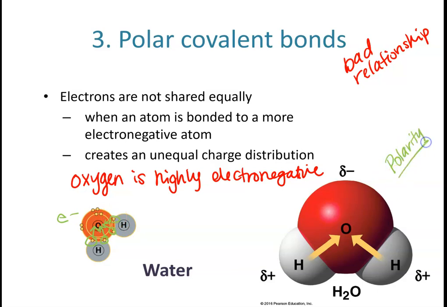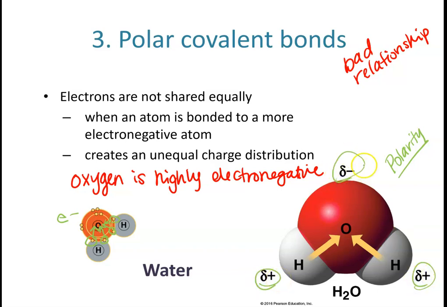Now, you might be familiar with polarity. Polarity means that something has a direction. So in this molecule, the negative charge from those electrons accumulates around the oxygen, and the positive charge accumulates around the hydrogen. And that's what this little symbol here is showing.